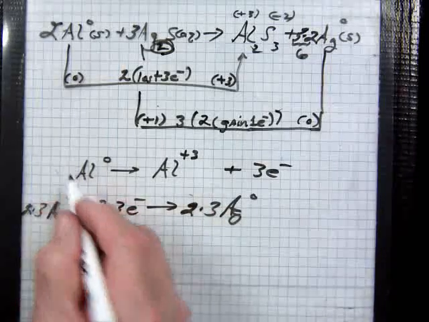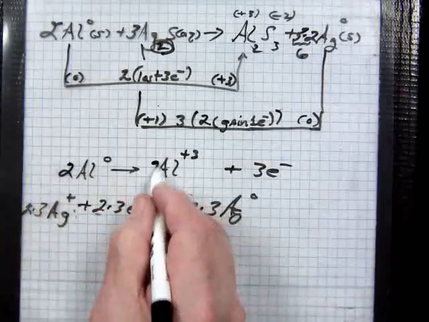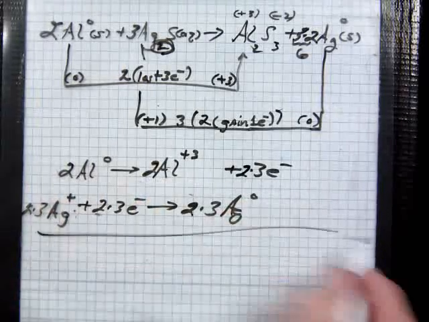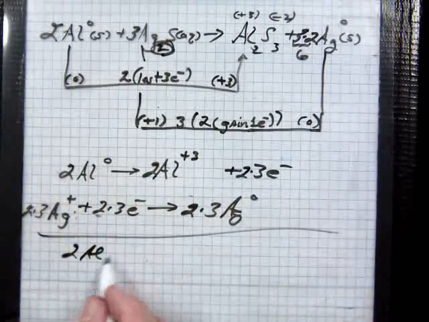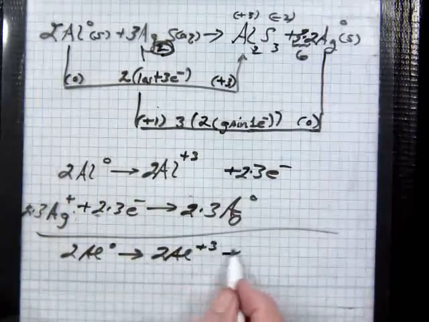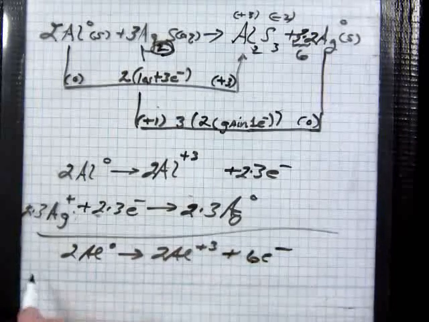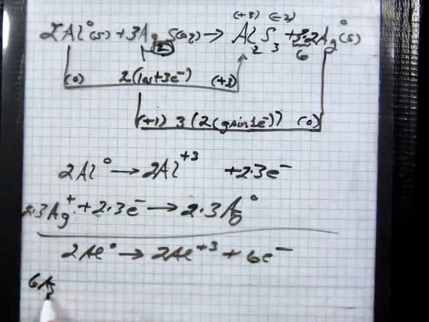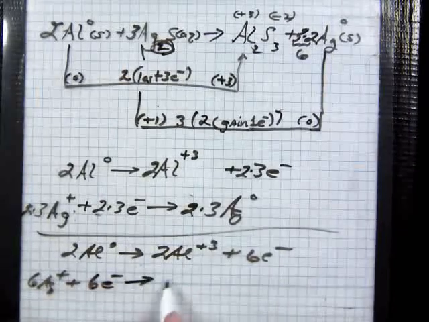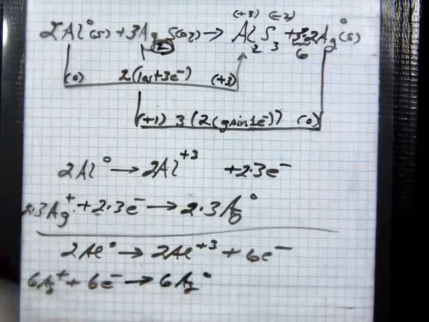So I got to come in here with a 2 here and a 2 here and 2 times that. So we now have 2 aluminums. Yeah, it's confusing. 6 electrons, and then you have 6 silver ions plus 6 electrons, and that goes to 6 silver down here on the end.